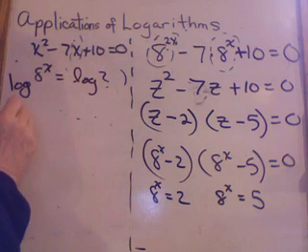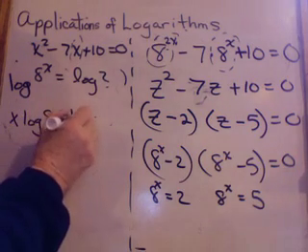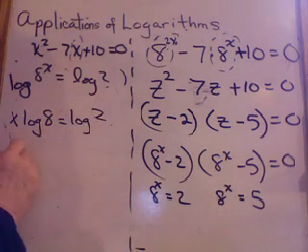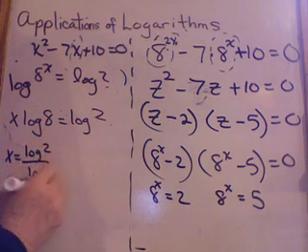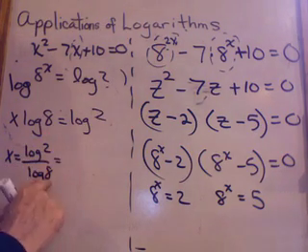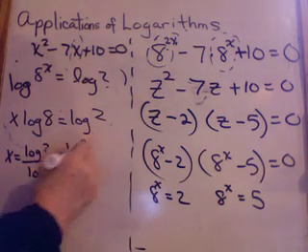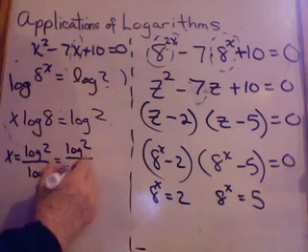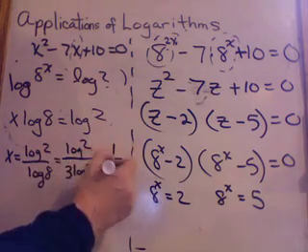Move the x in front, so x log 8 equals log 2. x equals log 2 over log 8. And 8 is 2 to the third, so it's log 2 over 3 log 2. Log 2's can cancel out, 1/3.